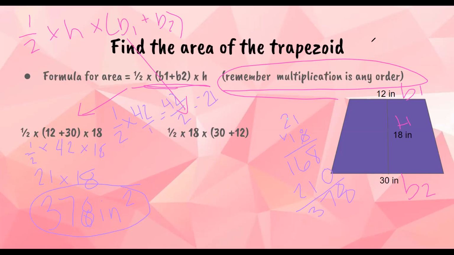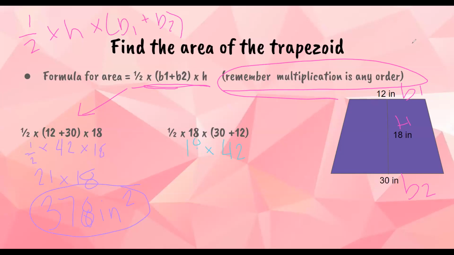So then looking at my other side, just so you can kind of see if you set them up differently, as long as you're adding the correct things and multiplying the correct things, your answer should be good. So looking at this other side, I'm again going to start by adding what's in the parentheses.